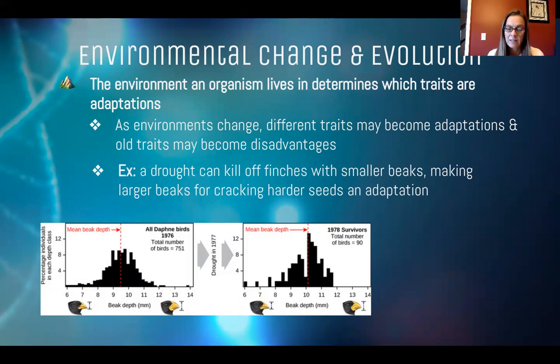That tells us that those individuals were better able to survive through the drought, and that's going to change the makeup of the entire population. This is a great example of a bottleneck effect. We have this drought in 1977, and our population is reduced by over 80%. You can see that going forward, the offspring are much more likely to have these larger beaks. So this bottleneck effect is going to change the makeup of the entire population.